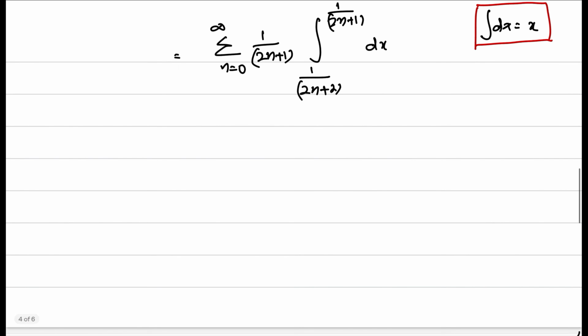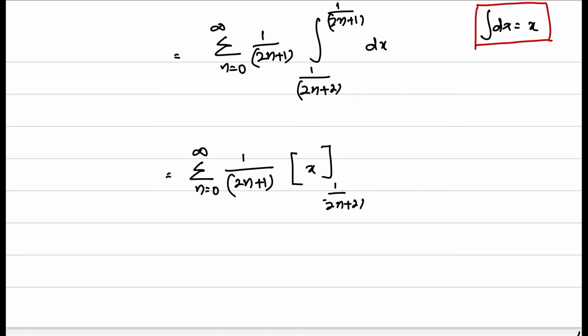Then this will be equal to sigma. Sigma will not change because we are taking the sum. Please try to understand, integral is a sum. Because it is in terms of n, we are taking n value from 0 to infinity. Into x, with lower limit 1 by 2n plus 2 and upper limit 1 by 2n plus 1.